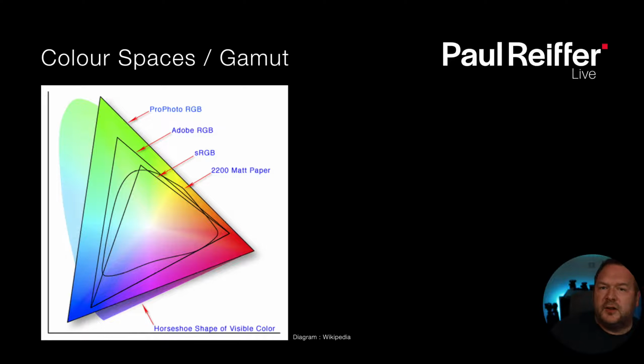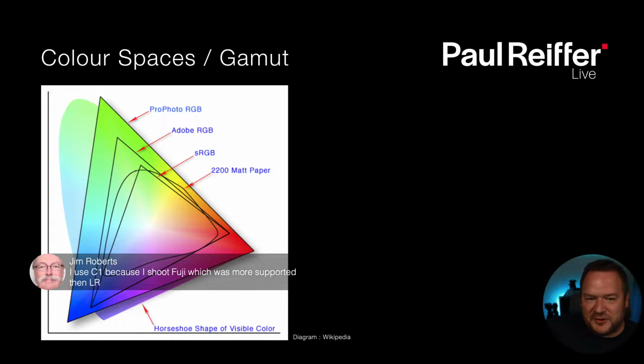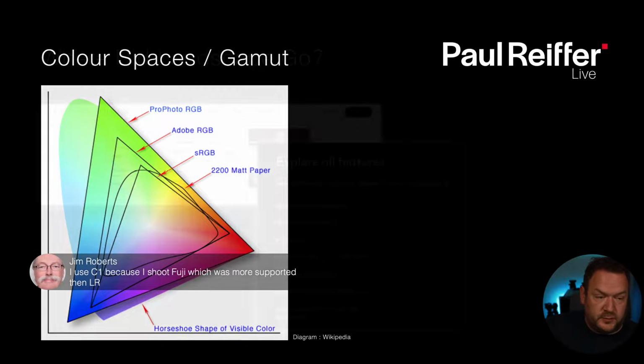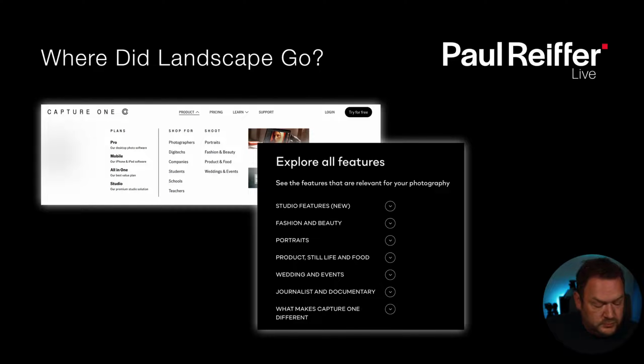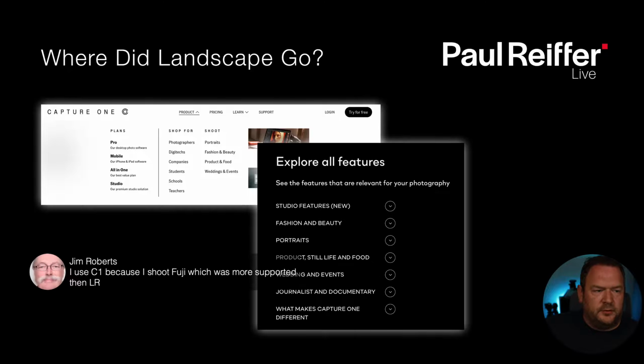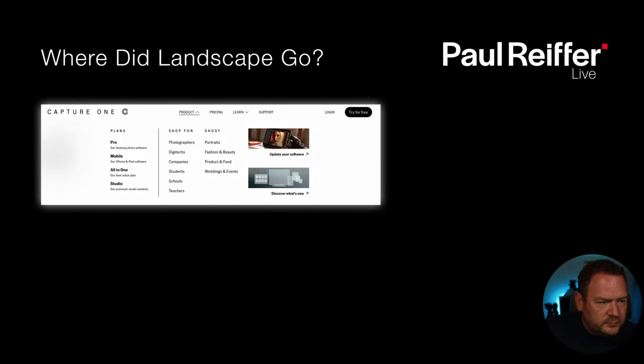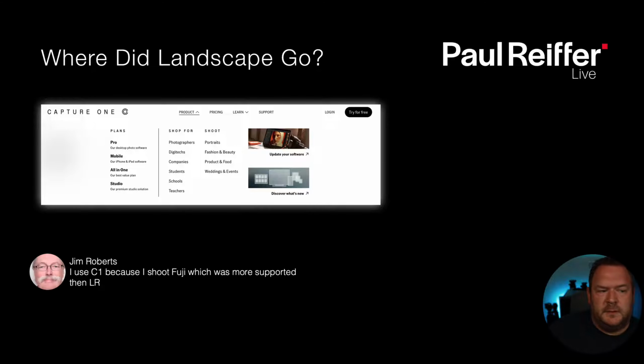Right. Since I've asked you to contribute, let's just cover some of these and then we'll get into Capture One, shall we? Jim, I use Capture One because I shoot Fuji, which is more supported than Lightroom. Absolutely. The Fuji stuff that Capture One have done is great. Let me just pull Jim's comment back up, sorry, I was just doing that so you could see it better. Yeah, Fuji was more supported than Lightroom. Absolutely.